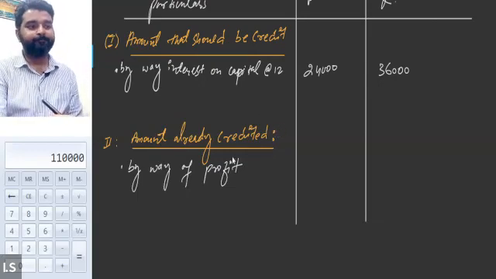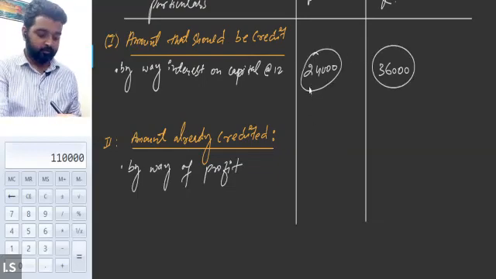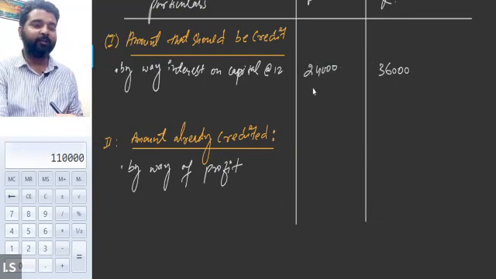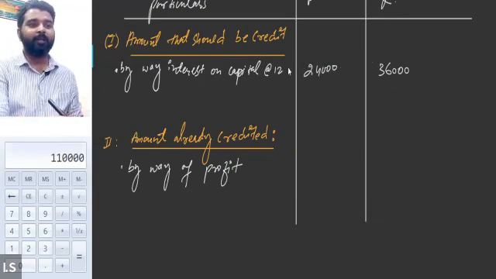Yes. This amount should have been credited to the partner by way of interest, but because we haven't credited it by way of interest on capital, the entire amount must have been divided among the partners by way of profit.